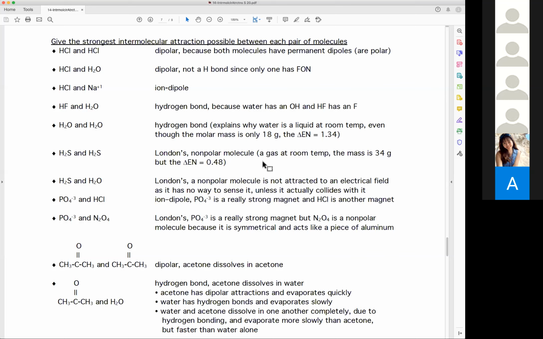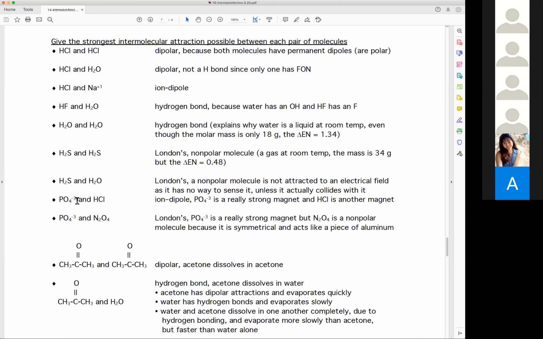Attractive forces. What is the attraction between the hydrogen sulfide and water? Here's a polar molecule and a nonpolar molecule, so it's simply London's. That's the only attractive force that a nonpolar molecule will ever experience.